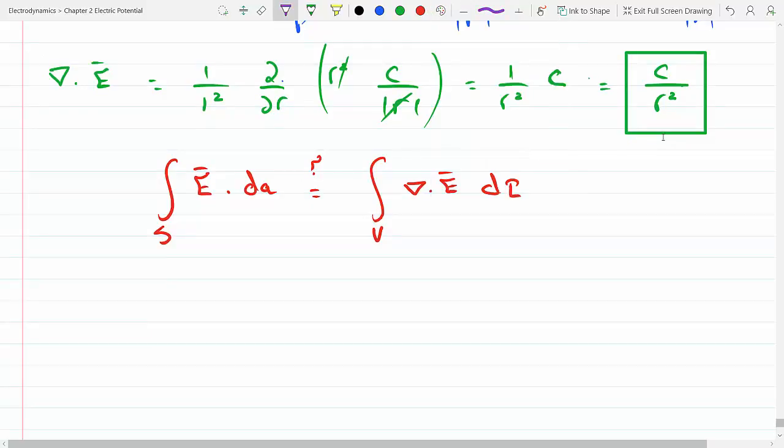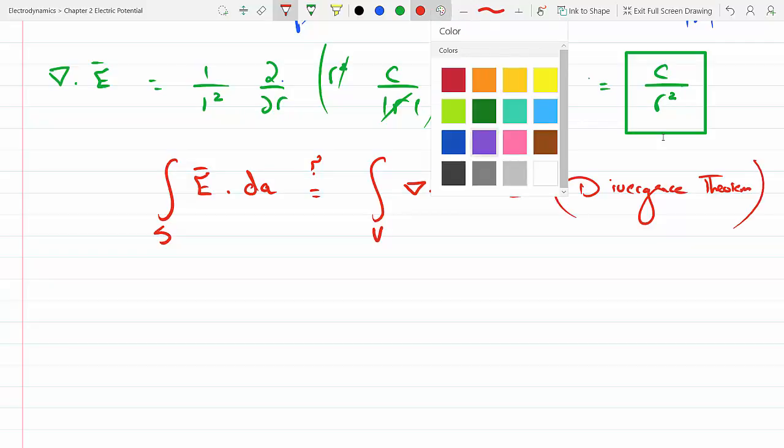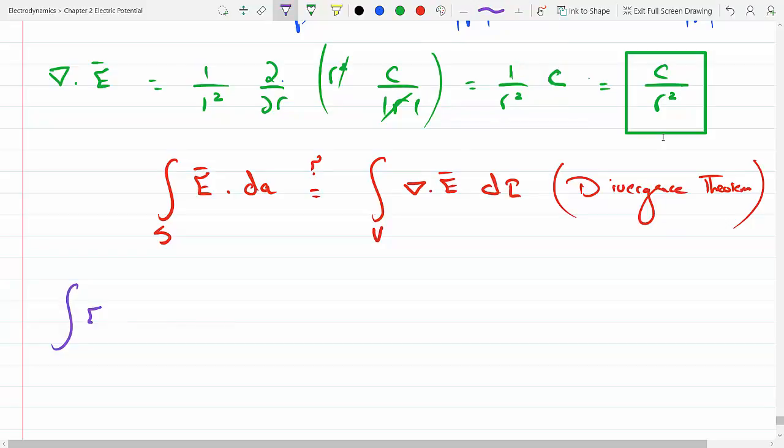This is the divergence theorem here for this electric field. This is how you turn a surface integral into a volume integral, or backwards, right? So we can test it.